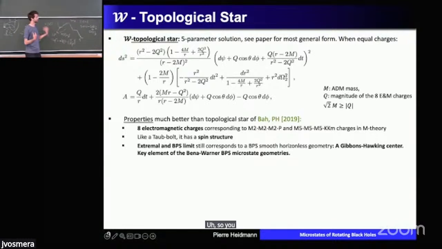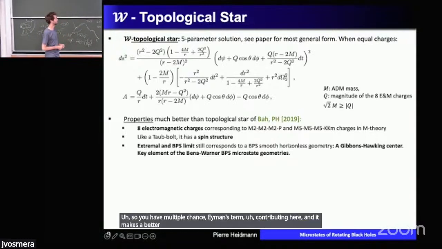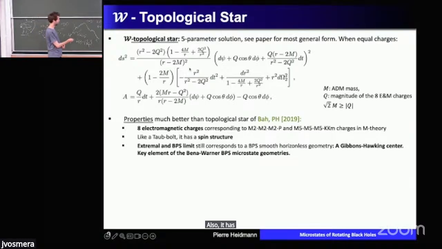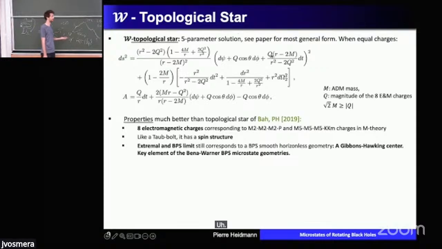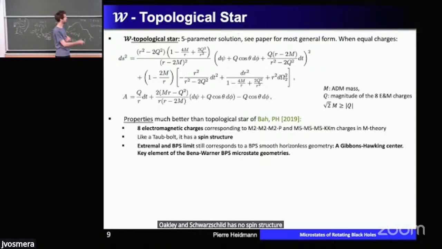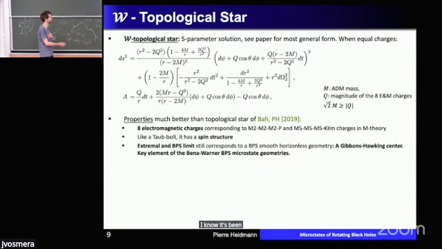So you have a non-trivial Chern-Simons term contributing here, and it makes a better link to the BPS solution Yosif and Nick built a long time ago. Also, it has a top bolt structure. In a sense, it has a KKM charge. And this is actually important for spin structure. Euclidean Schwarzschild has no spin structure, and the topological star I built with IBU a long time ago might have no spin structure too. This one should be fine.